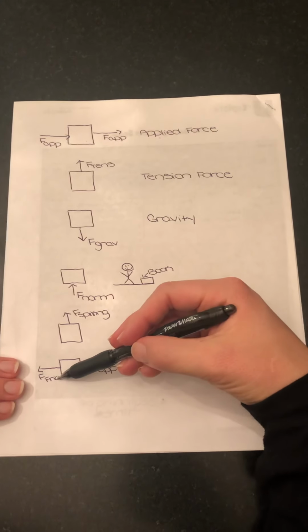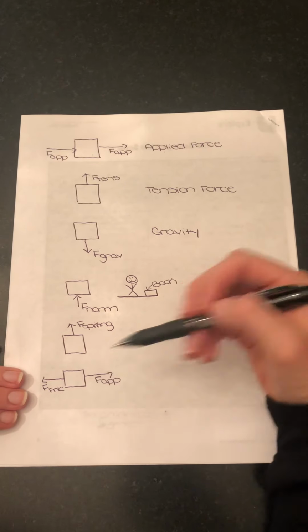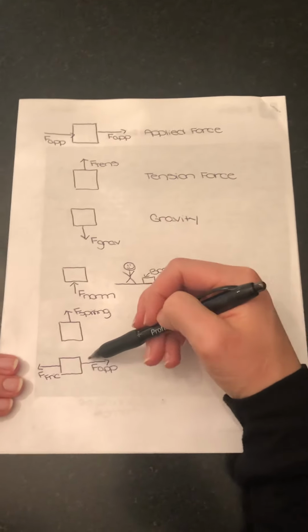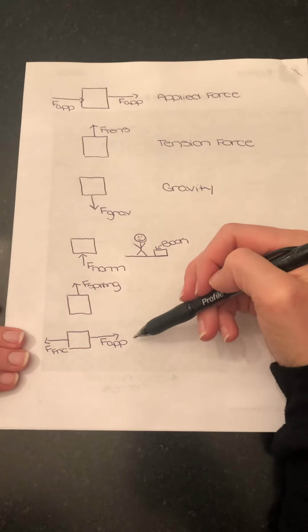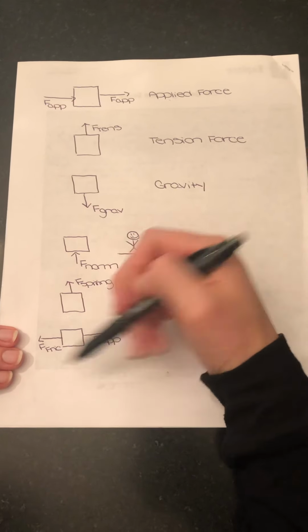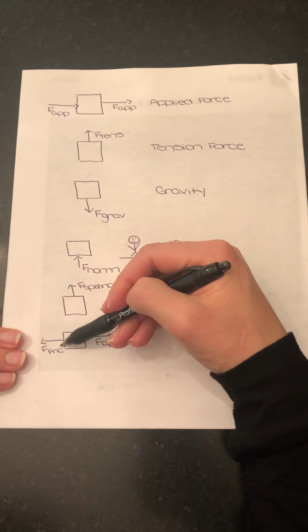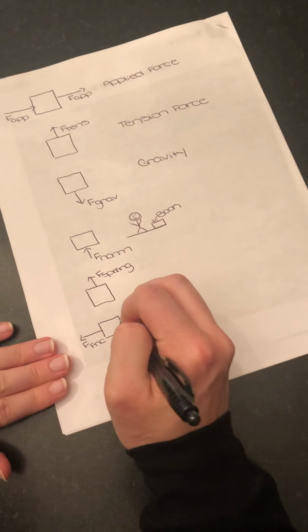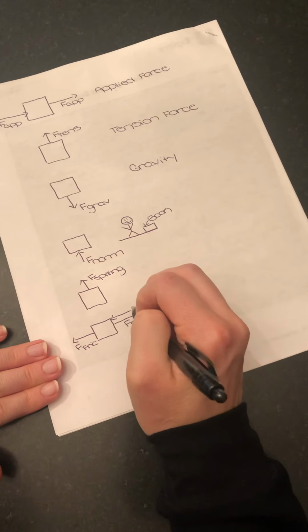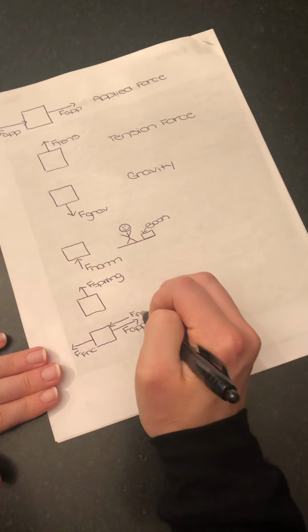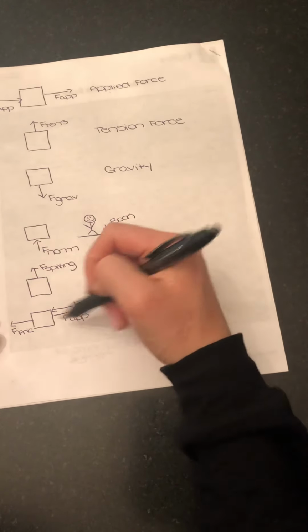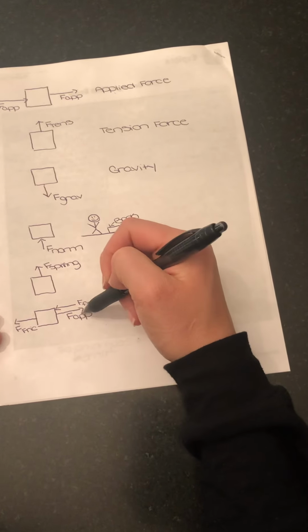And then friction is another one you guys are pretty familiar with. So like if I was pulling a wagon, this was a wagon and I was an applied pulling force, friction obviously would work in the opposite direction. And I'm not going to be super picky where you put the arrows. Like if you would have happened to tell me that friction was right here going this way, as long as it was in the opposite direction of the applied force, that would be completely fine.